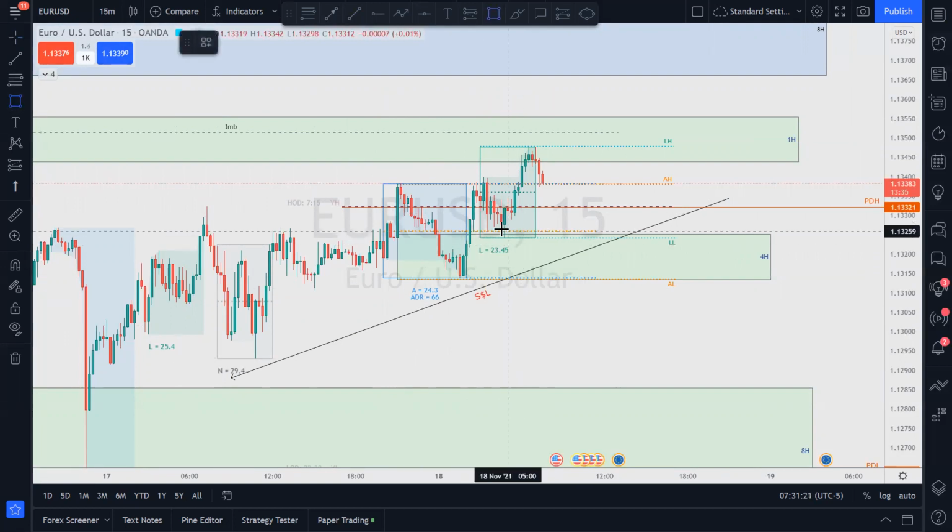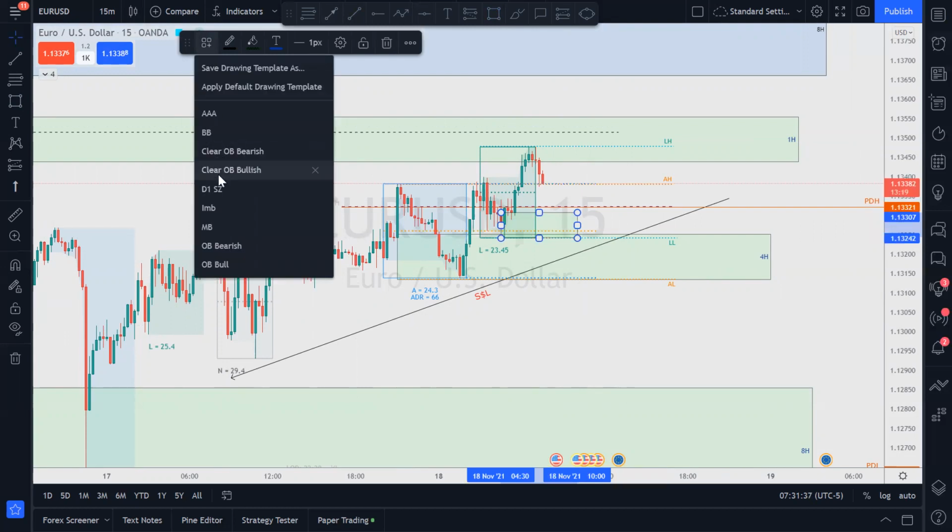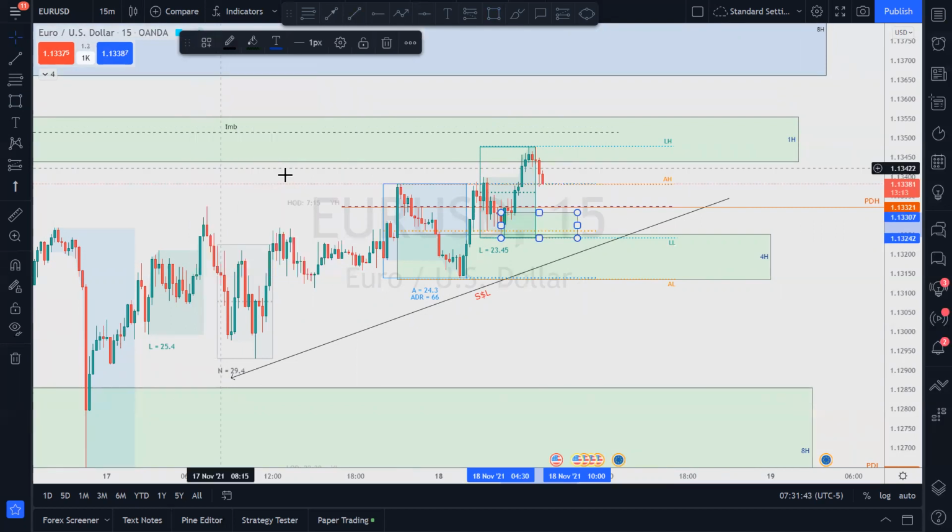The midpoint of Asia, I don't know why, it's kind of magical. Just make a note of it. Don't even ask me to explain that, but that midpoint is important. All right, so this is bullish.